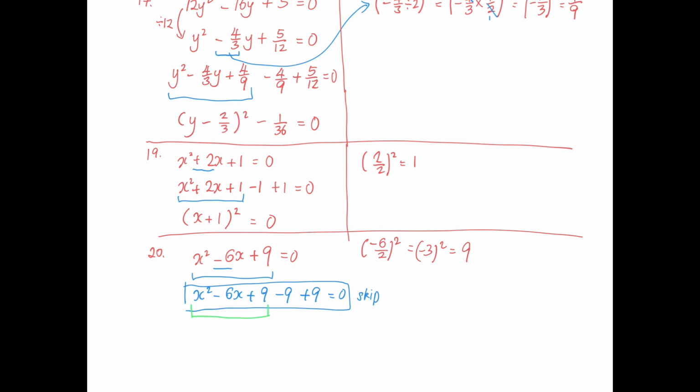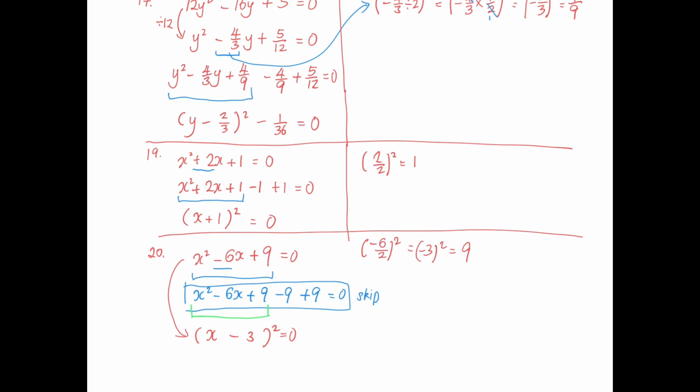But we already have plus 9. So we can go straight to this step where we factorize it. So x, then the next one is minus 6 divided by 2, which is minus 3. So we have done question 20.